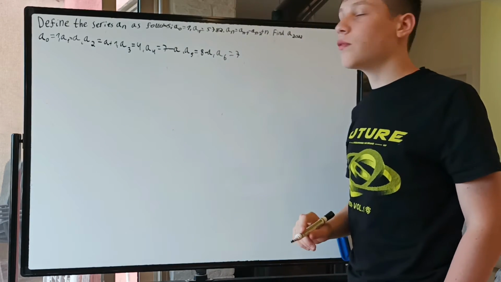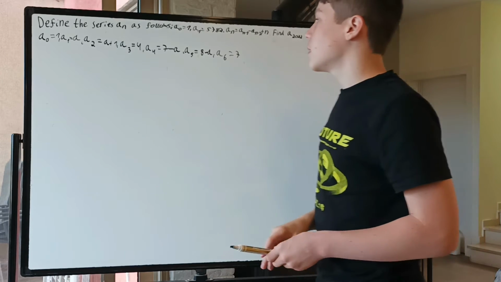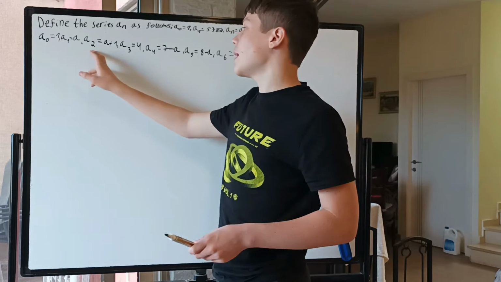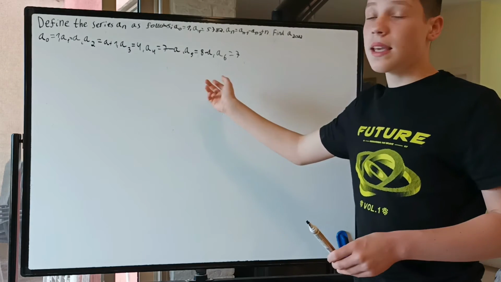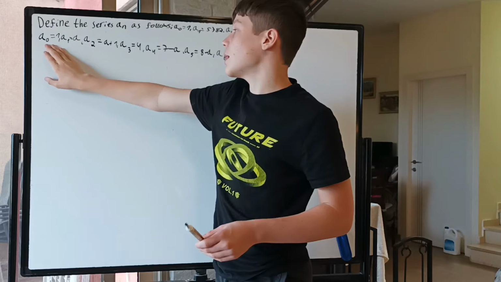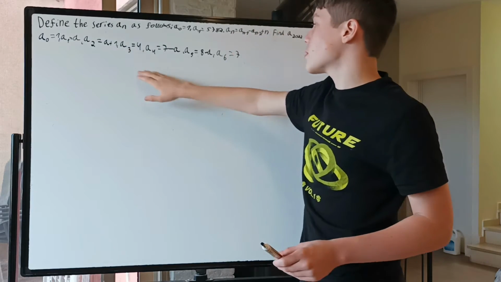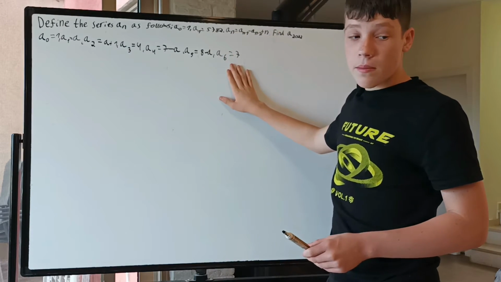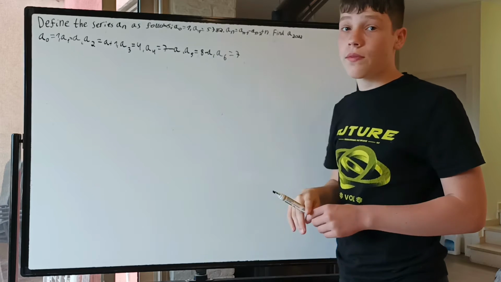We have some A here, 7 minus A, 8 minus A. But if we look at just the multiples of 3, A_0 is 1, A_3 is 4, A_6 is 7, and they're completely independent of A.